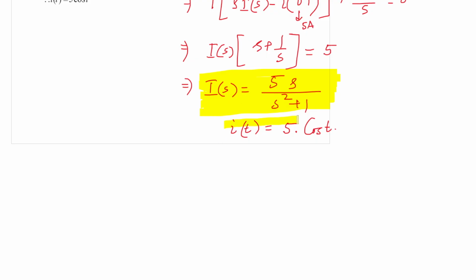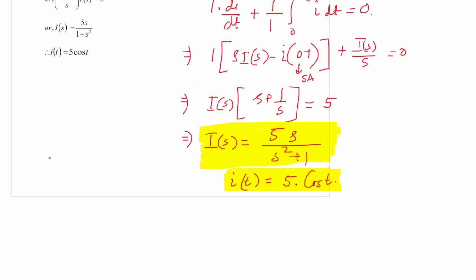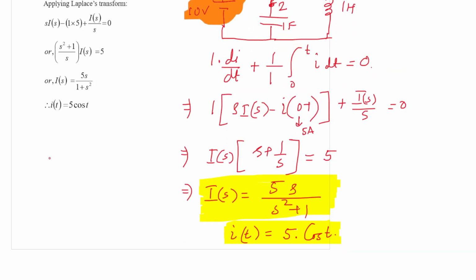Now let us try to have some important information from this result. This is a very good, actually very excellent problem through which you can learn lot of things. Number one observation is that what will be the response of the current after t is equal to 0.